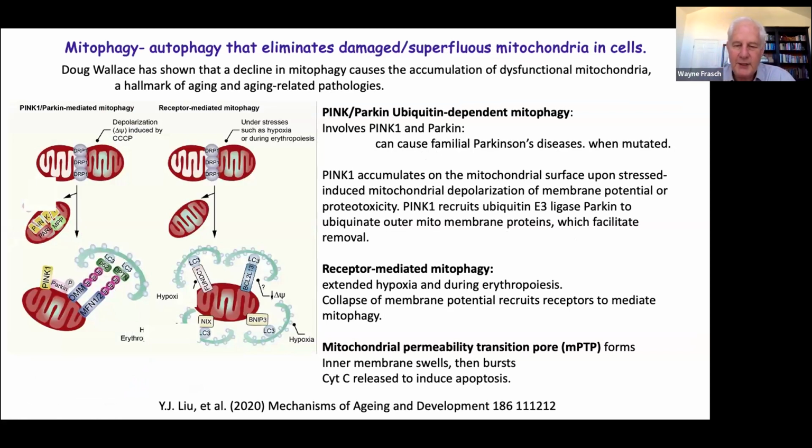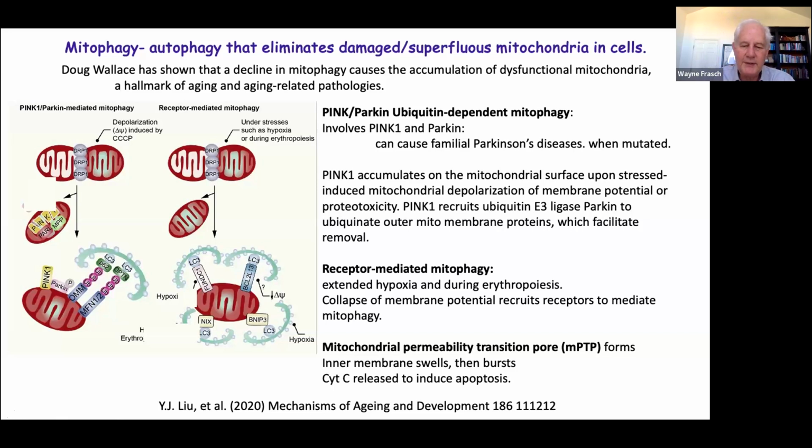So it starts to accumulate on the mitochondrial surface upon stress. And one of the first things you get is you depolarize the membrane potential of the inner membrane. So since ATP synthesis depends on this membrane potential, you're dramatically decreasing the ability to make ATP. And then it recruits these other proteins that actually ubiquitinate the outer mitochondrial membrane, and it facilitates its removal.